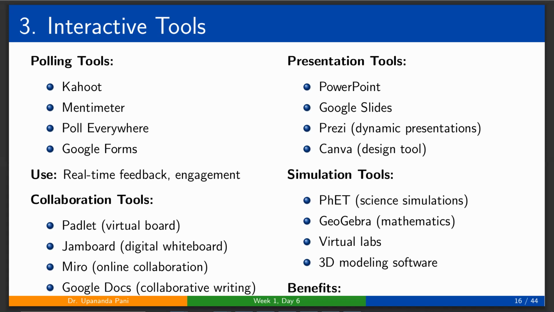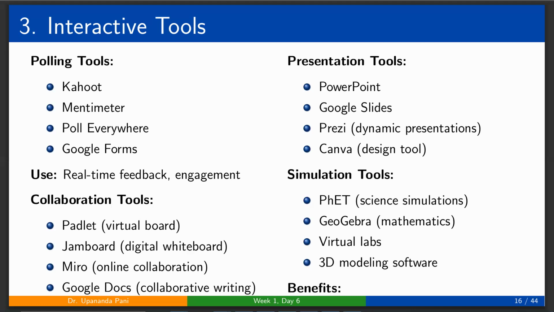Presentation tools: PowerPoint, Google Slides, Prezi, Canva design tool. Collaboration tools like Padlet, this is a virtual board, Jamboard, digital whiteboard, then Miro, that is online collaboration, Google Docs, collaborative writing.